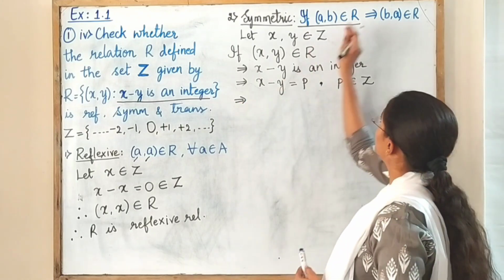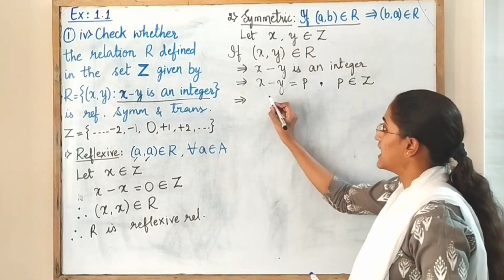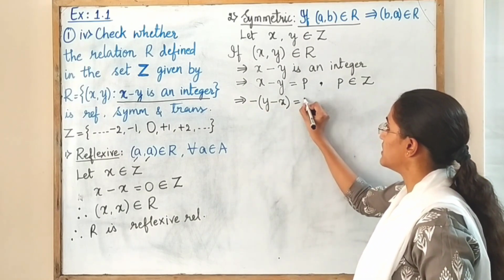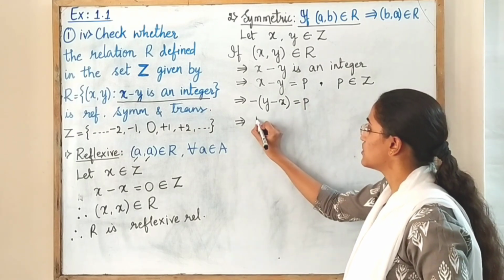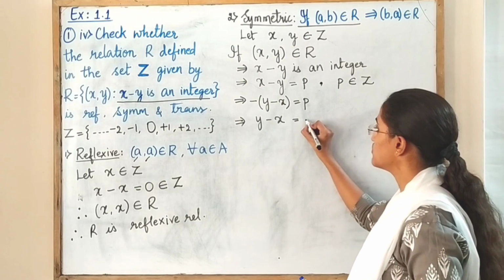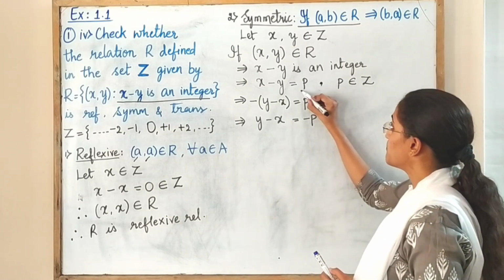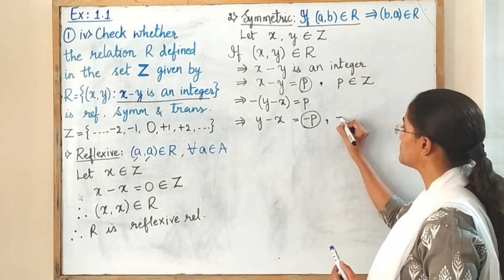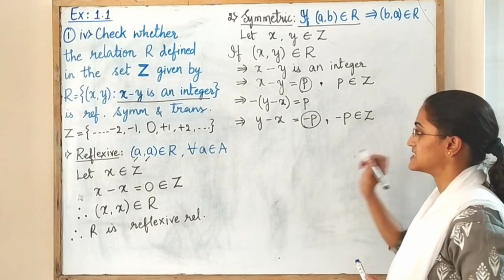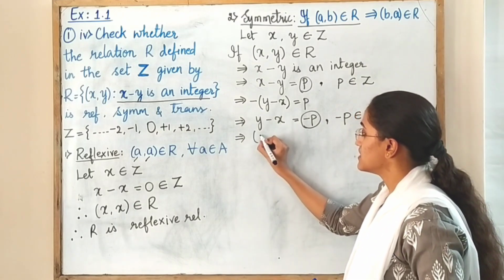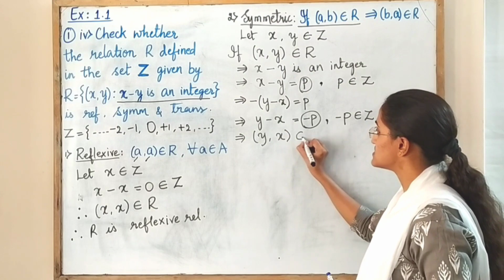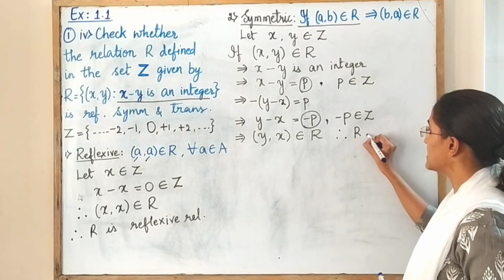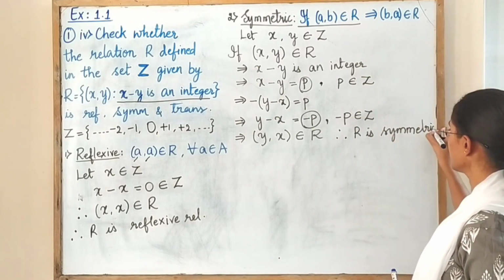Now, in order to prove that (Y, X) is also in the relation R, I will take out minus common, and we will be left with Y minus X is equal to minus P. You know that if the positive number P is in the set Z, the negative number minus P is also in the set Z, and hence you can prove that (Y, X) also belongs to the relation R, and hence conclude that R is a symmetric relation.